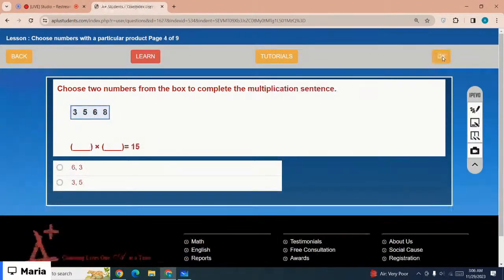Okay, choose two numbers from the box to complete the multiplication sentence. Dash and dash have a product of 15. Which two numbers have the product 15? Which is the correct option?